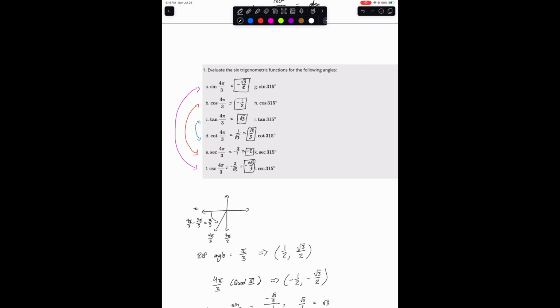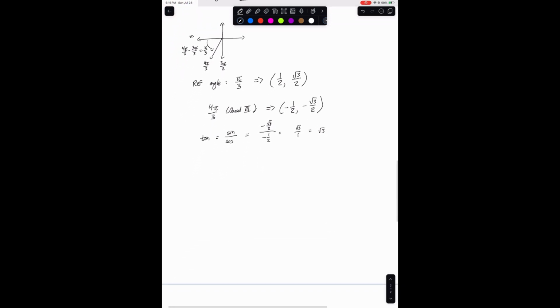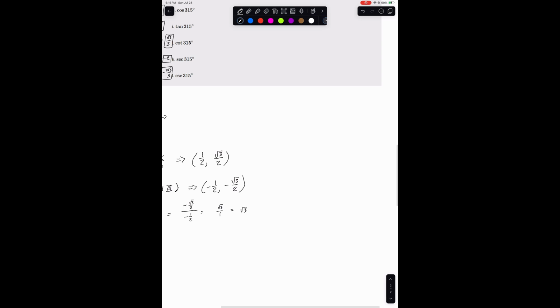What's next? Okay. So for 315, right? Let's convert this into radians. There we go. So 315 over 180, right? This is terrible math.